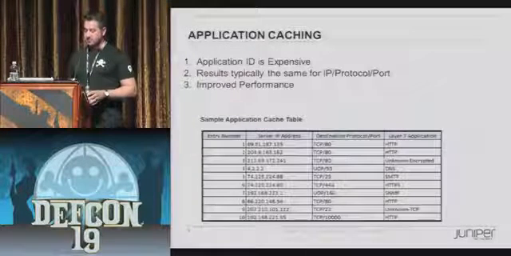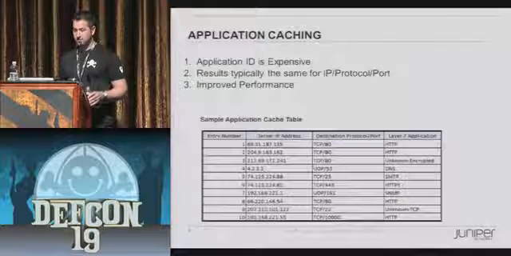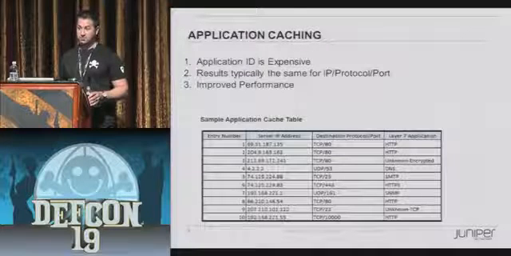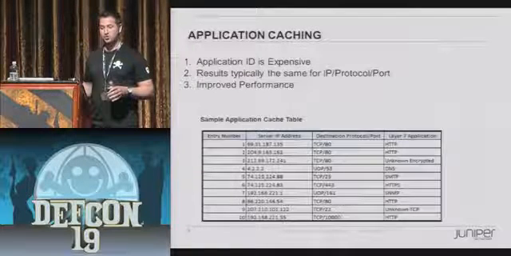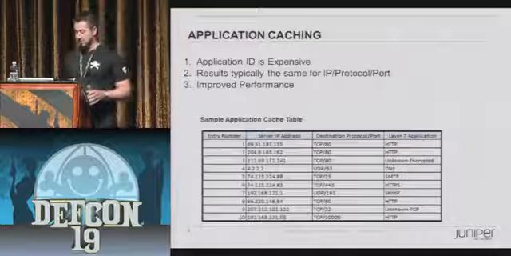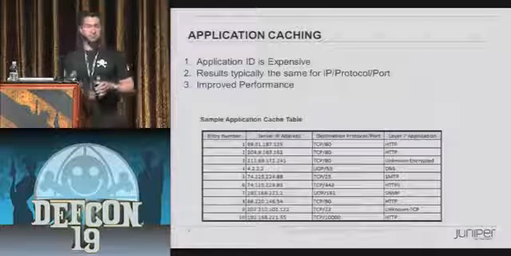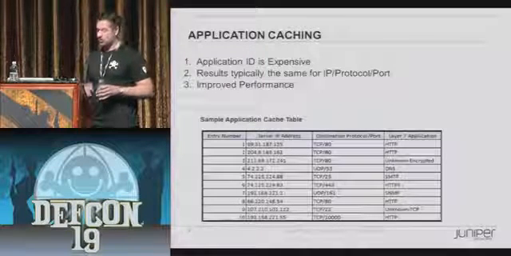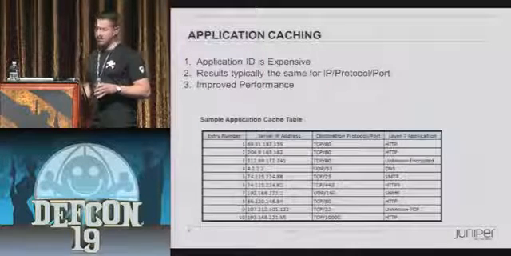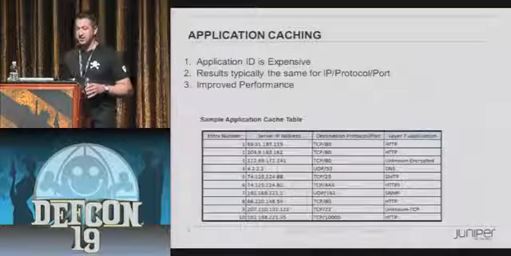And in the case of good applications, typically if you go to a web server on TCP port 80, it shouldn't be changing applications anytime. It should be HTTP every time. That really shouldn't be changing. So sometimes application caching is turned on. It's not that it's a bad thing, but it's important to understand the limitations because if you're doing application caching, it's something that a malicious attacker could potentially leverage.